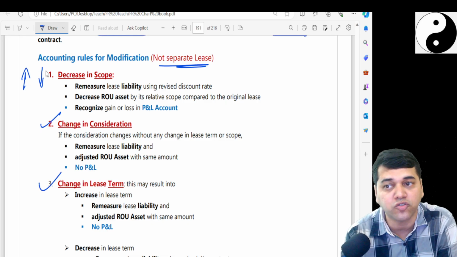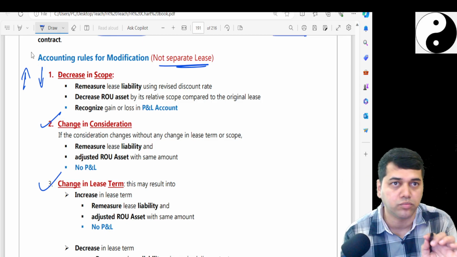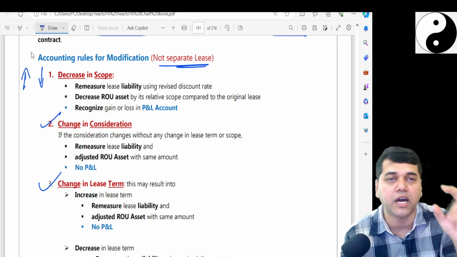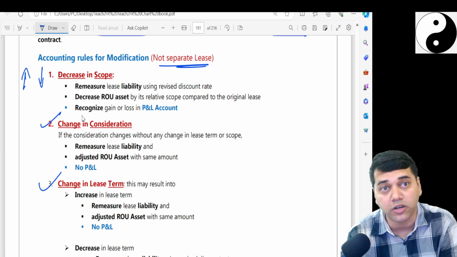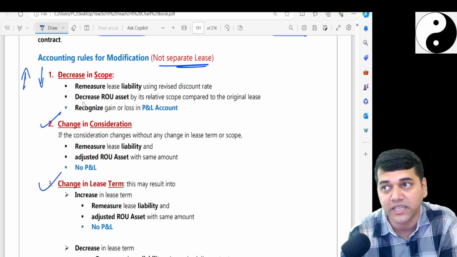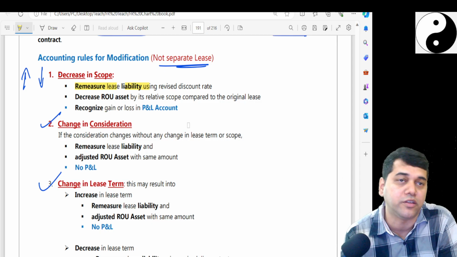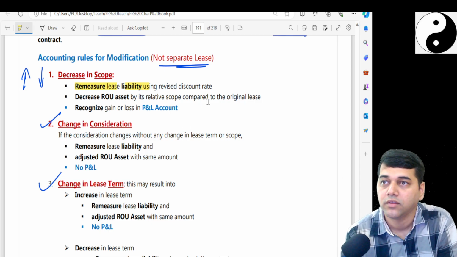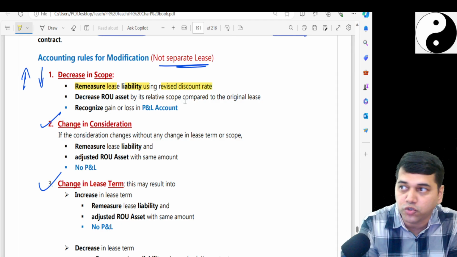Because if the increase in scope matches the price, a new entry will come, ROU to lease liability. But if it is going to increase or decrease but not commensurate, then what I need to do: if the scope gets decreased, I need to remeasure the lease liability, obviously, using the revised discount rate, because scope has substantially reduced.